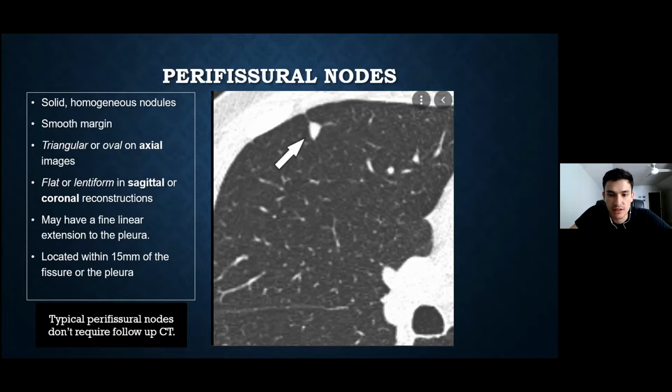The shape, usually in the axial images, is triangular or oval. Their location is juxtapleural or close to the lung fissures. They are homogeneous and with smooth margins. In this case, we are seeing a triangular configuration close to the pleura, and they can also have a fine linear extension to the pleura.